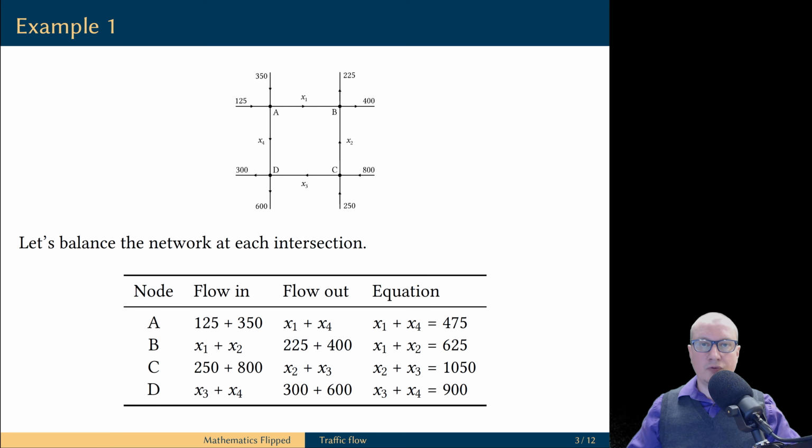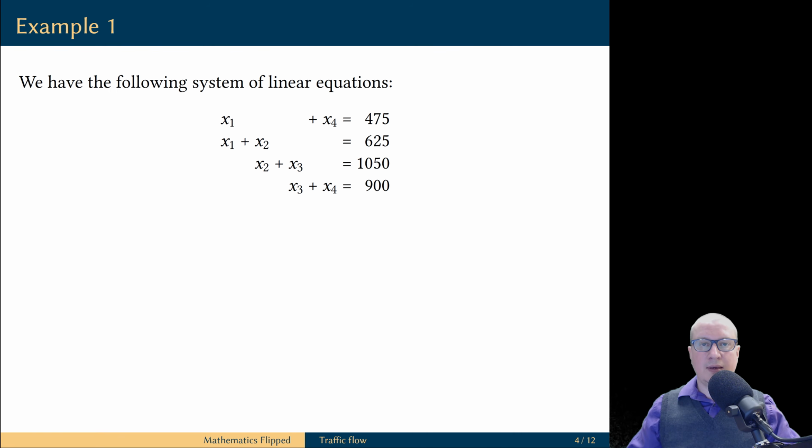This gives us 4 equations, 1 equation for each node of the network. Notice that we have 4 variables and we have 4 linear equations in these variables. This means we have a linear system with 4 equations and 4 variables. To balance the network, we need to solve this linear system.